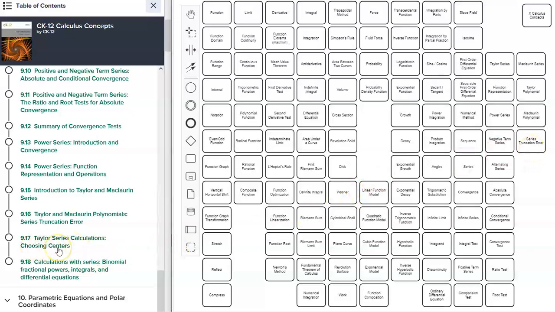Now, it looks like centers seems to be important. Taylor series calculation. There's calculations everywhere, so I'm not going to write that one down. But centers, choosing a center. Why is center so important? Binomial fractional power, integrals, differential equations.